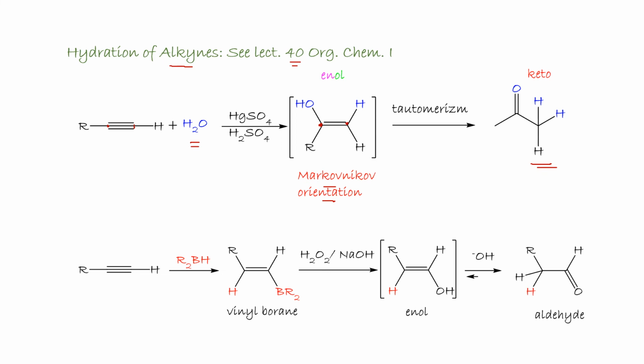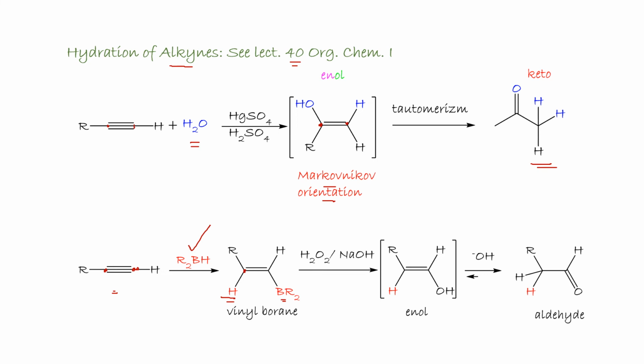If you have a terminal alkyne, but you first do hydroboration, you add H and BR2, that will be anti-Markovnikov, because the hydrogen will be on this carbon, and the BR2 will be on that one.